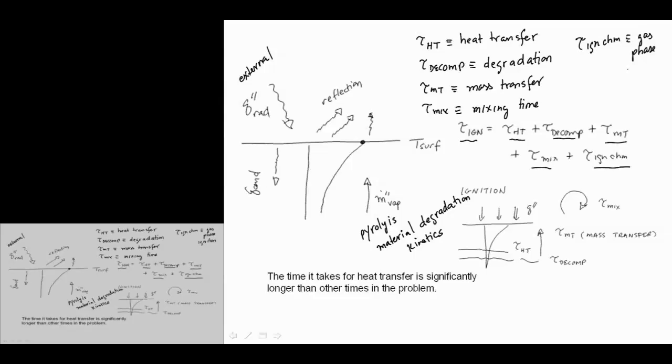Okay, so the ignition time in the gas phase, once we have a pilot, is very short. So this is really a microsecond type time scale. So let's put it as 10 to the minus 6, on the order of 10 to the minus 6 seconds. The mixing time, this is a fluid mechanics time scale.